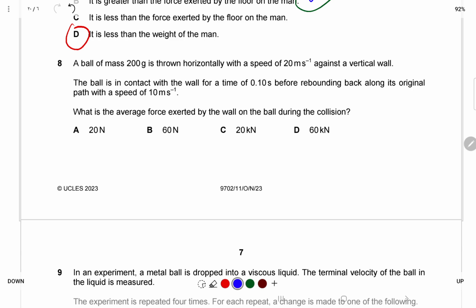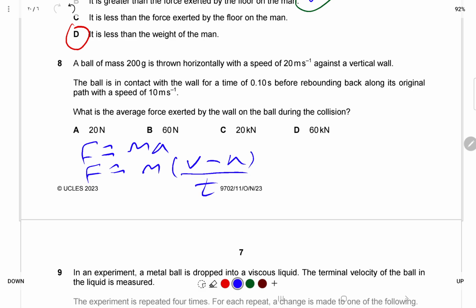This is a momentum question, so let's start this way. F equals ma. So F is equal to mass multiplied by V minus U over T. That's the definition of acceleration. Now, if you sketch a quick diagram for this, it hits the wall with a velocity of 20 meters per second, and it rebounds with a velocity of 10 meters per second.